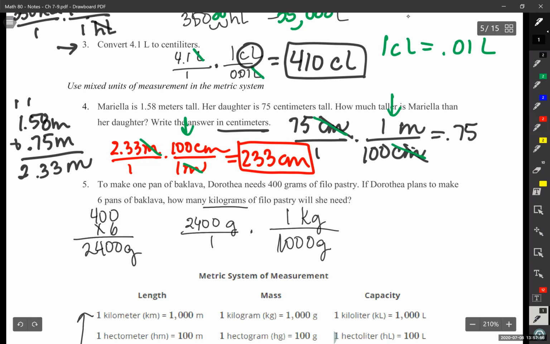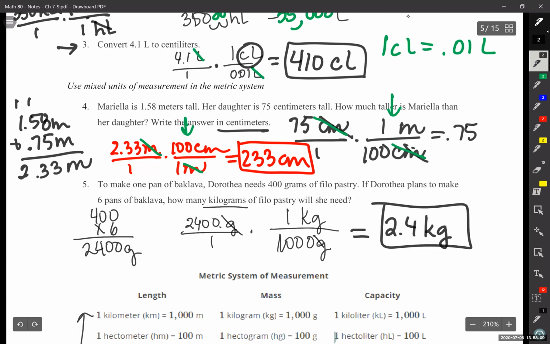So the grams cancel, and I see that I have 2,400 divided by 1,000. So the final answer is 2.4 kilograms, doing that division. And so, yeah, I think the moral of the story is this section is very similar to the last section, but the multiplication division is just a little easier because everything has tens in it.